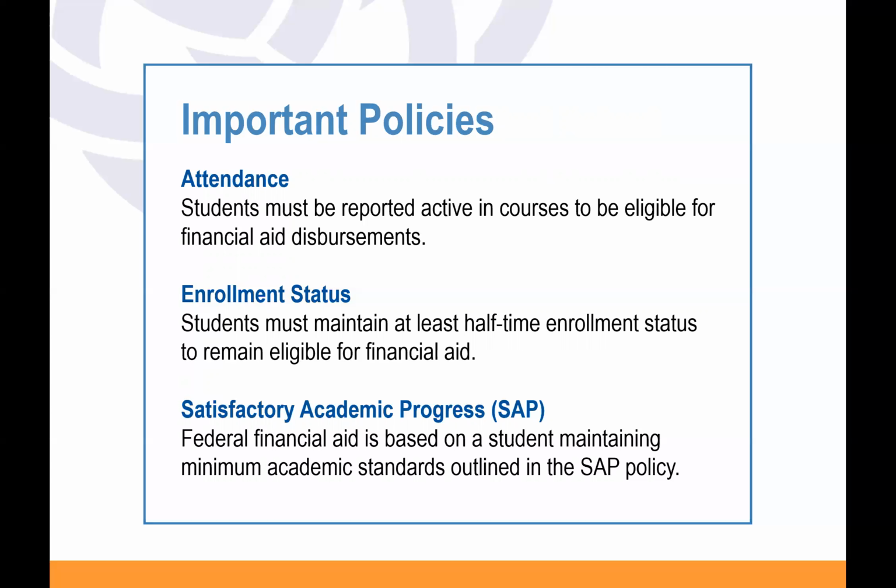So that is something you want to be very mindful of: just because you are registered for courses, just because you are at least half-time, but you're failing your classes, that can affect your financial aid eligibility as well. So you want to make sure that you fulfill all these requirements, or always touch base with your student support counselor or your academic advisor on making sure that you're fulfilling all of those requirements.